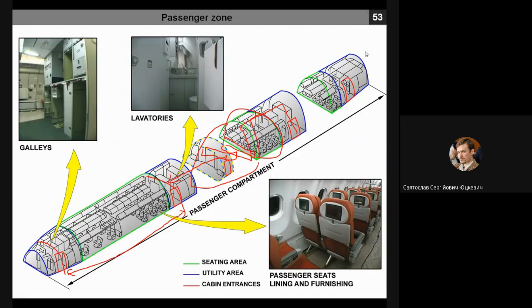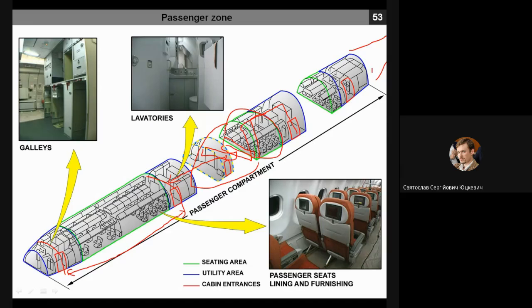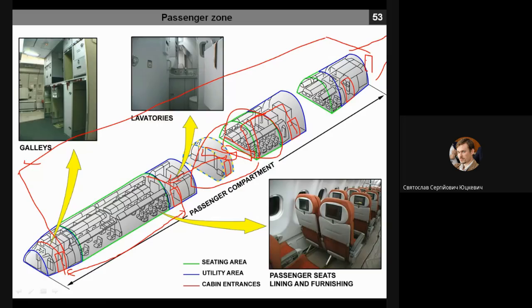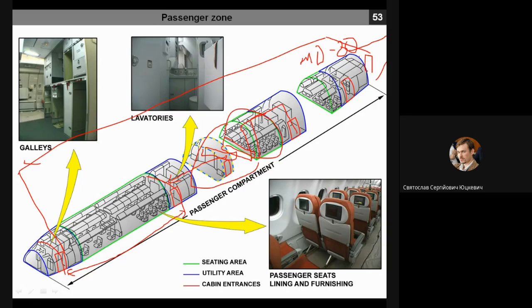So if you have a tail cone exit, your passenger zone length will be determined up to this tail exit, like MD-80. You could check this airplane with tail cone exit.